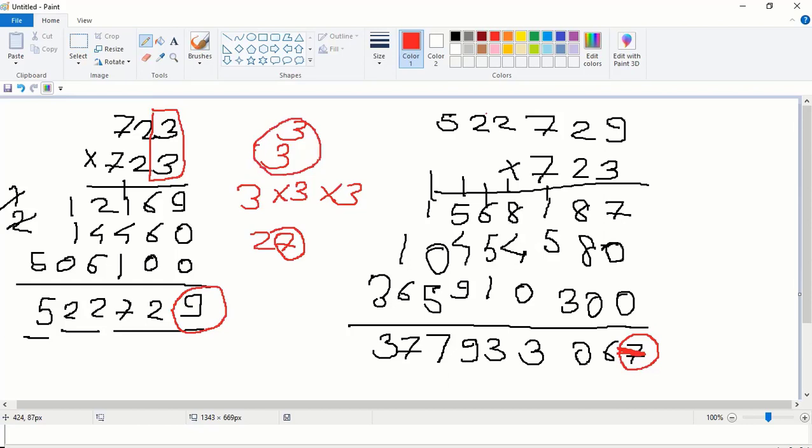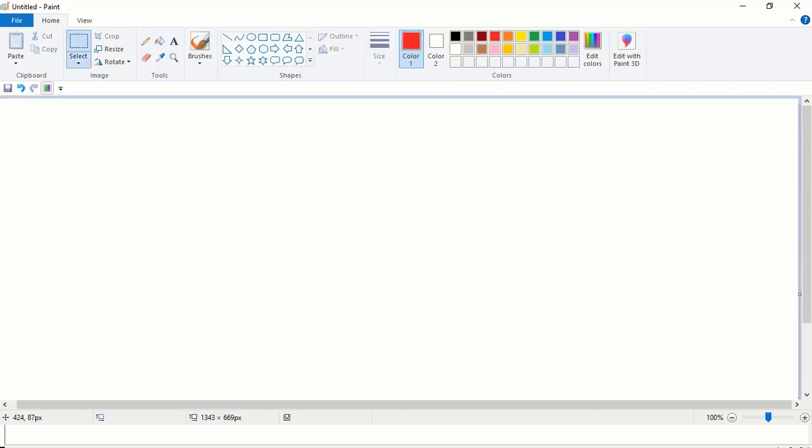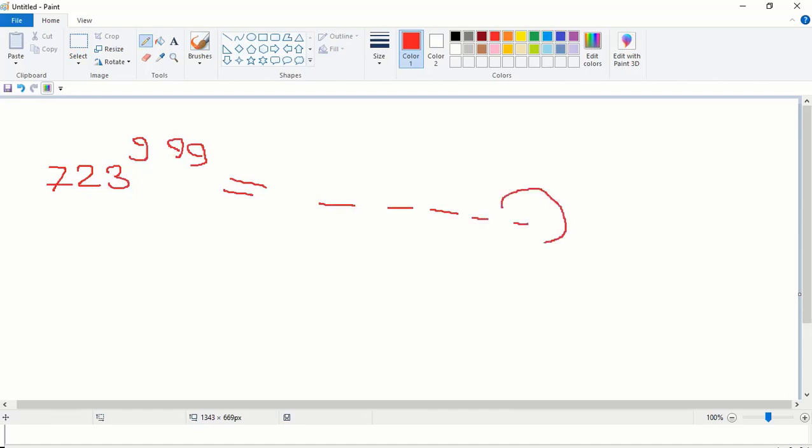Similarly, if I take any big number, for example 27 to the power 23, or 23 power 999, then whatever the answer is, the last digit of the answer will depend on 3 to the power 999.